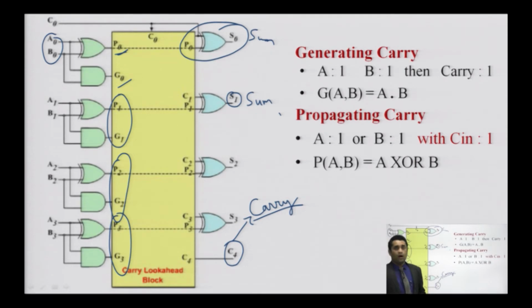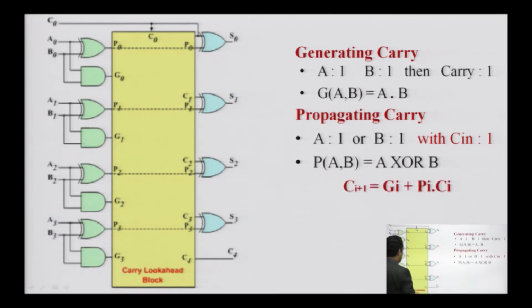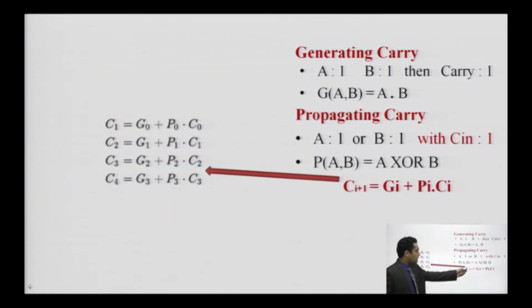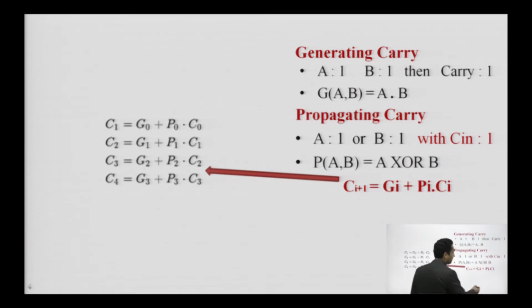And how are we deriving the equations for all these? This is the important one when we are talking about the next part. This is how we are deriving the particular expression. Here the carry which is the output of the first one is going as the input of the second one. How are we deriving this part? This part is derived using this.